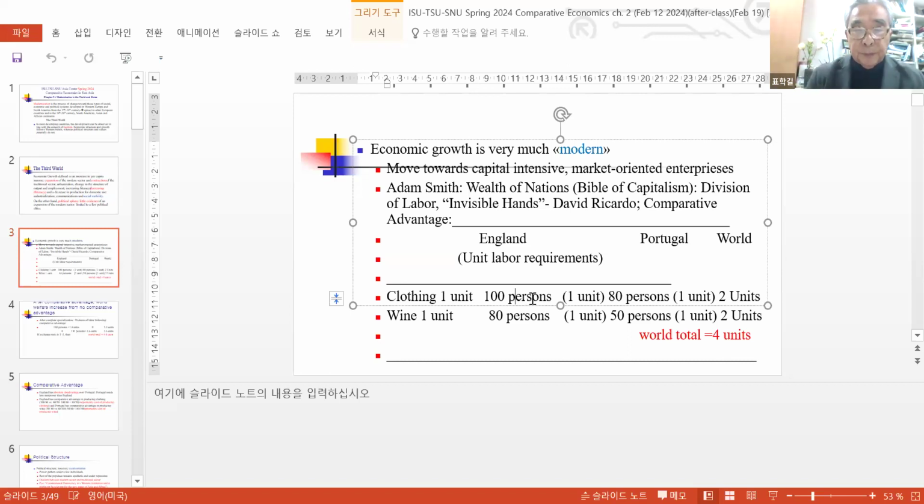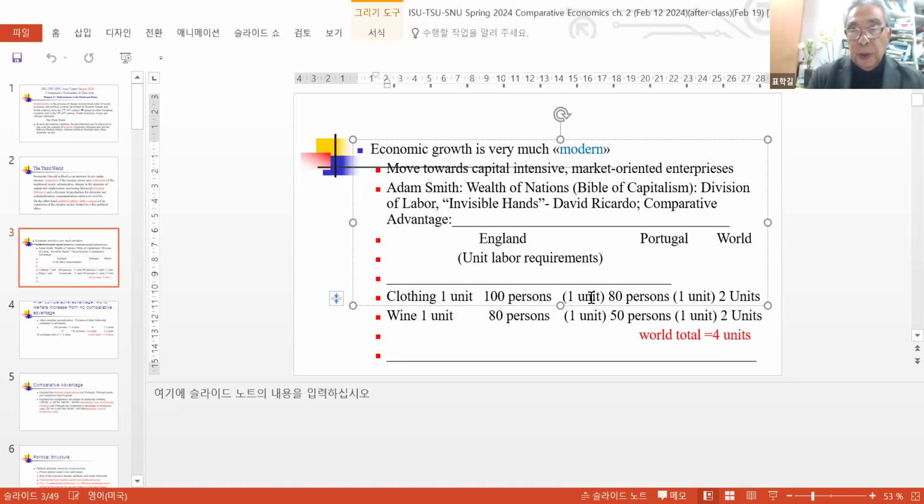For example, suppose instead of 1 unit, there are 100 units produced by 100 persons in England. Then, of course, per person labor productivity is 1 person producing 1 unit. Okay. How about Portugal?